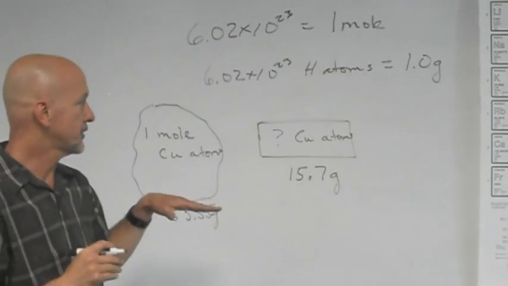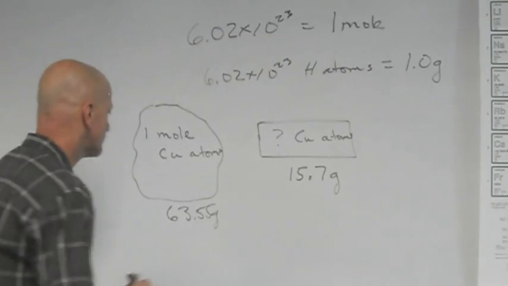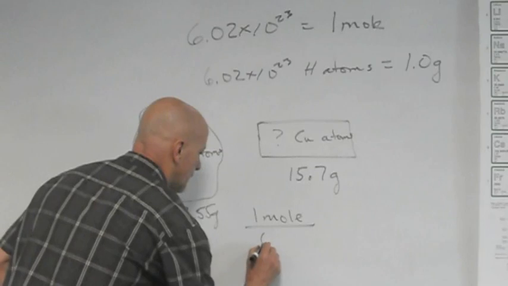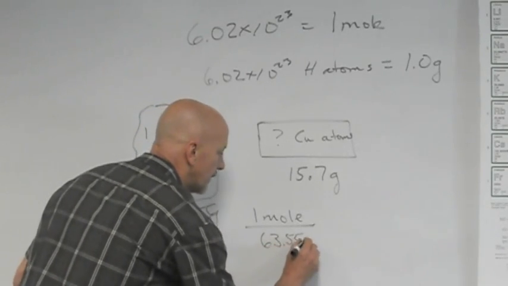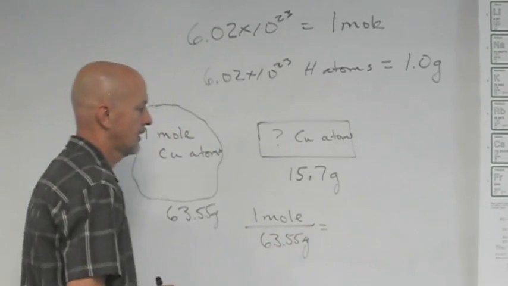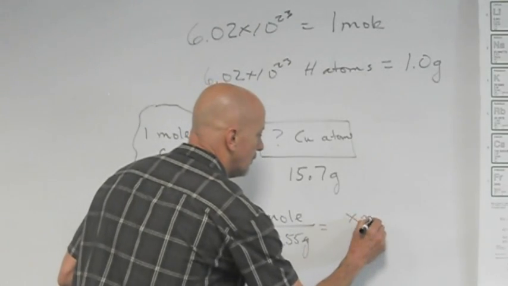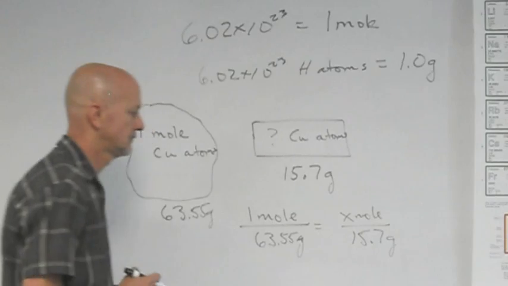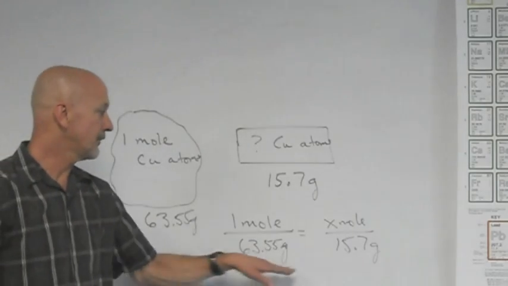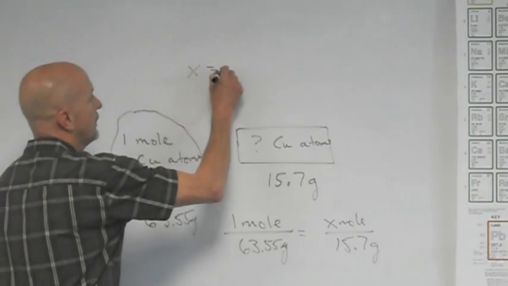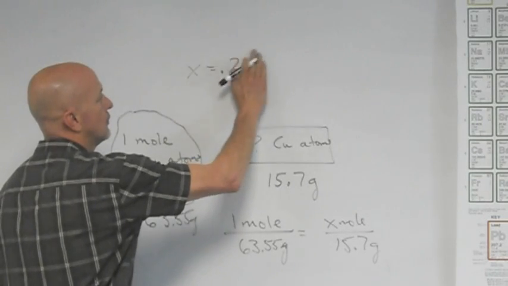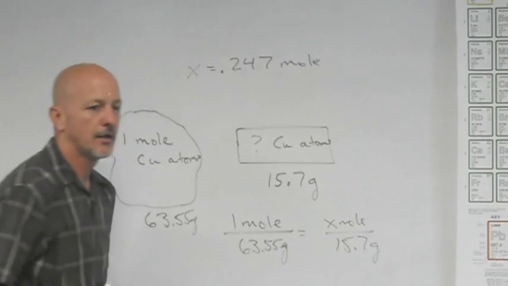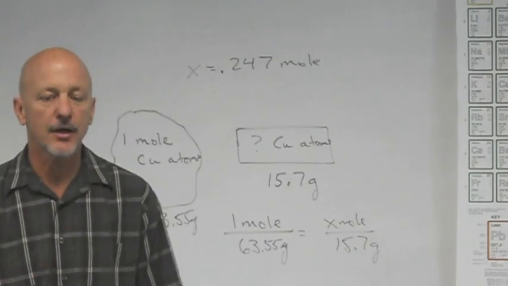And I have a proportion. 1 mole is to 63.55 grams as X mole is to 15.7 grams. And then when we solve this, we get X equals 0.247 mole. I have 0.247 moles of copper atoms.